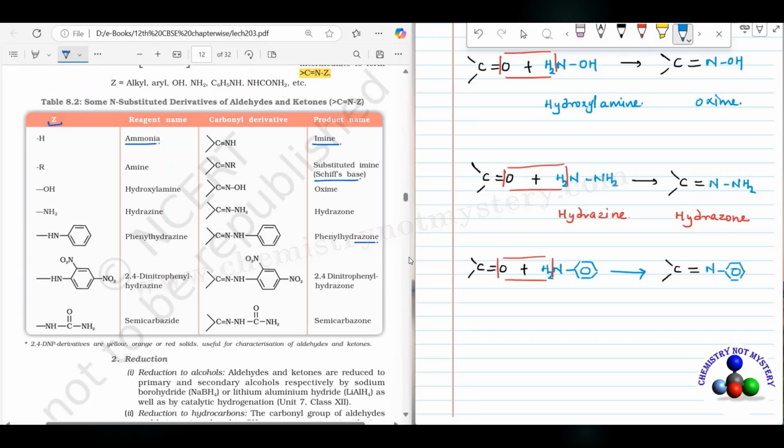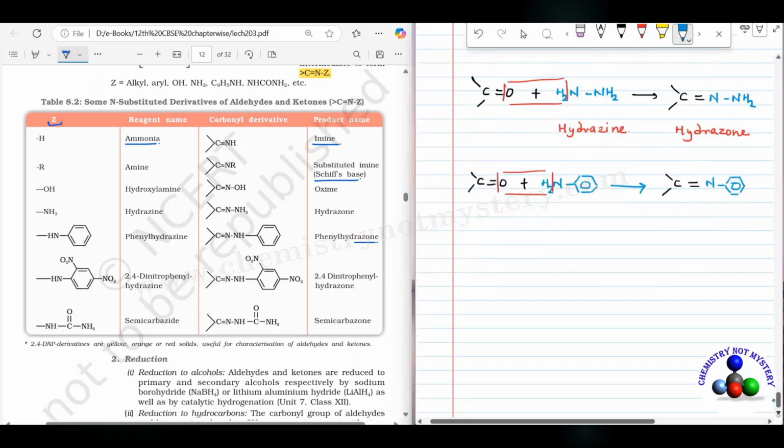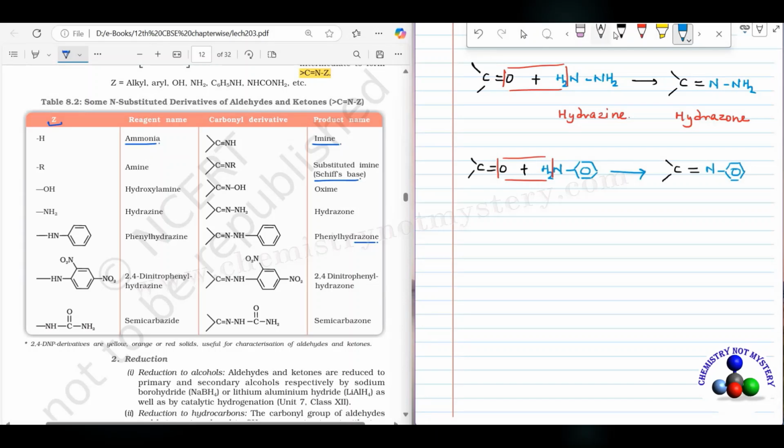If the Z group is NH, there is benzene in which second and fourth position NO2 group is bonded. So the reagent is 2,4-dinitrophenylhydrazine. Now again draw the structure. So this is carbonyl carbon. When it reacts with 2,4-dinitrophenylhydrazine, means H2N and it is bonded to phenyl group.